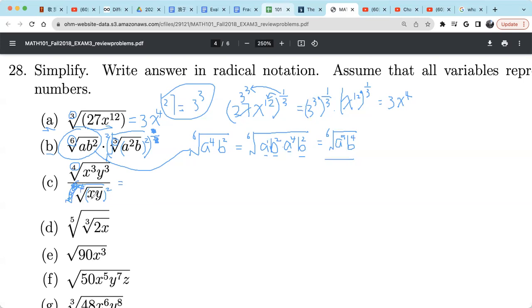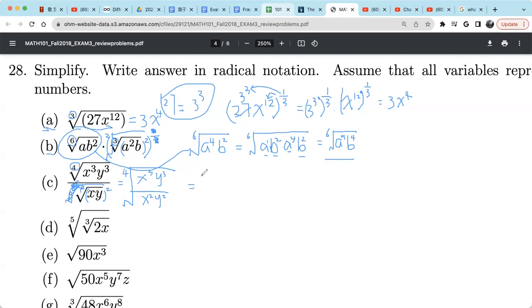But look at this x being squared, y being squared in the denominator. Once we have the same index, we can put the radicand in the numerator and in the denominator together. So the numerator will have x cubed, y cubed, divided by, look down below here, x, y squared. That means x raised to 2 and y raised to 2.